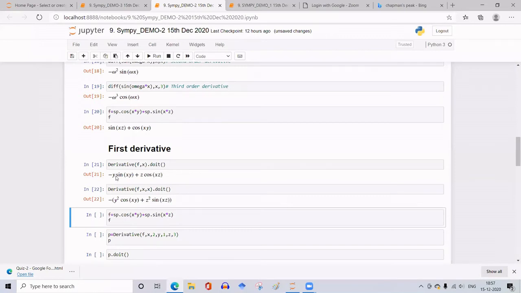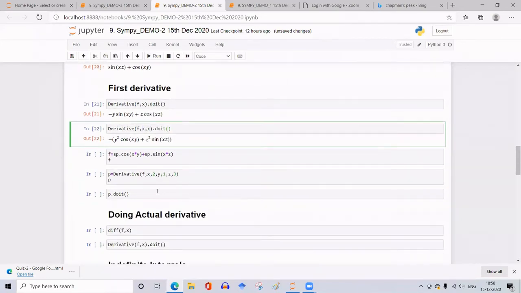Minus y square cos of xy. And this will be z square sine of xz. Because I have given x twice, the derivative of f twice, and evaluate it.